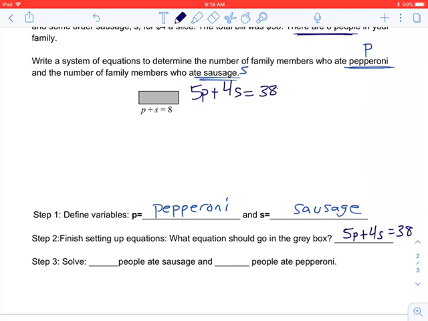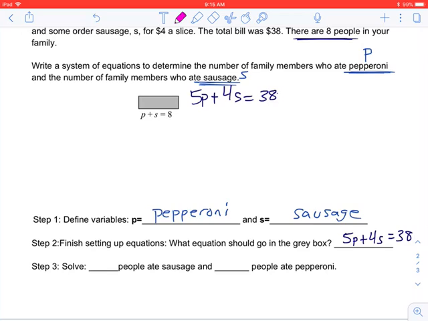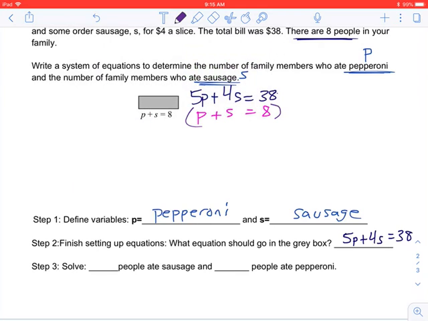Okay, and so step 3, solve. So now I got to solve for how many of each. So P plus S equals 8. Now I'm going to, just like we just did on the other one, multiply by something to get those to cancel. So I'm going to go ahead and multiply by -4. Or let's do -5. I feel like most of you would do -5. So I'm going to rewrite the top one. That one doesn't change.